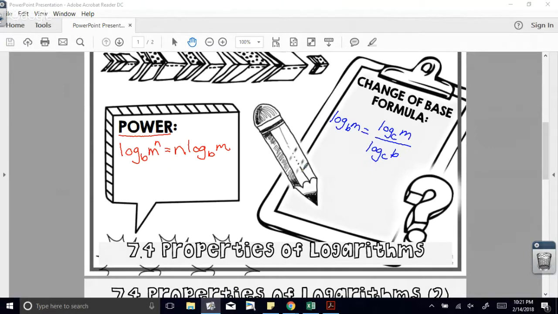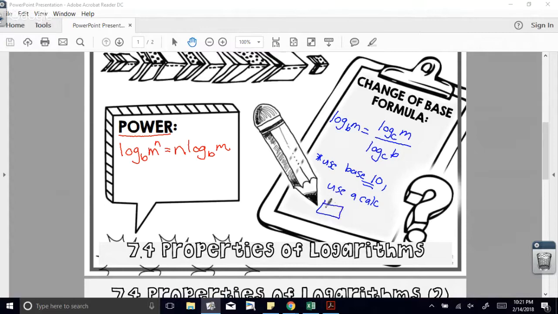And the reason that this is useful is if you use the change of base formula with a base of 10, which is called the common log, you can use a calculator.